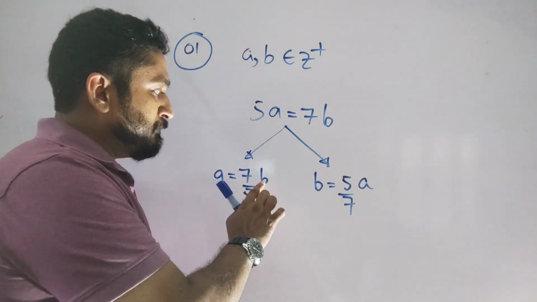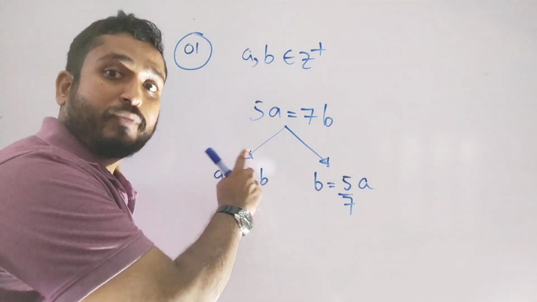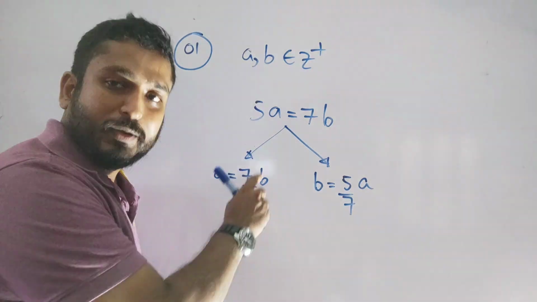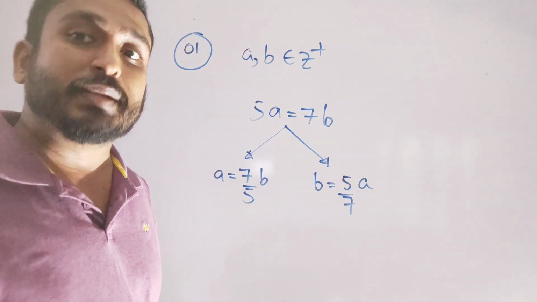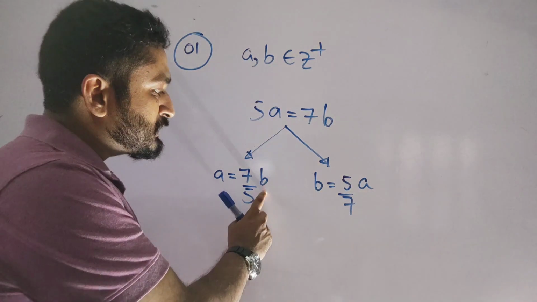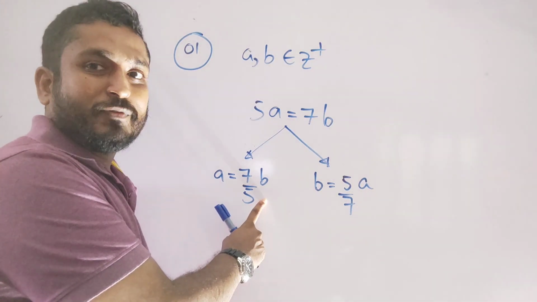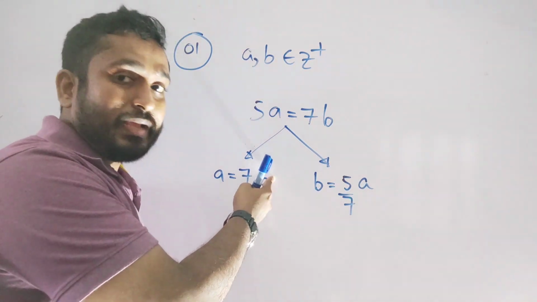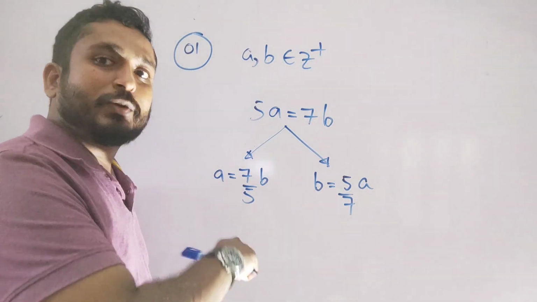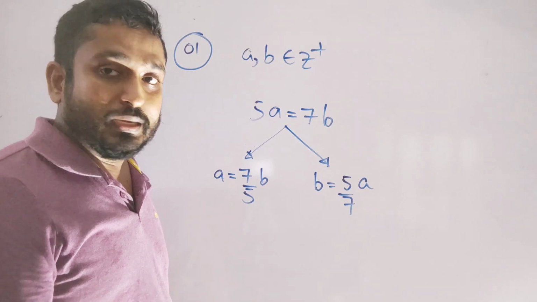Otherwise, if b is not a multiple of 5, a is going to be some decimal number sometimes, right? So b must be a multiple of 5. Then only that number gets cancelled out with 5 to have an integer. So b should be a multiple of 5.